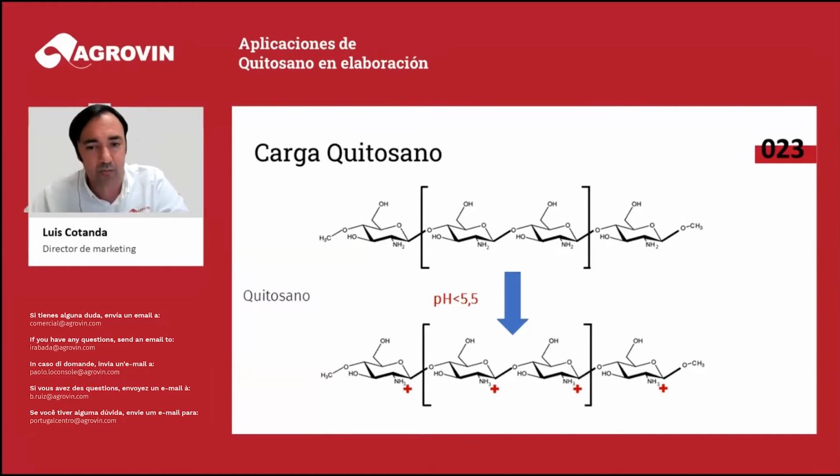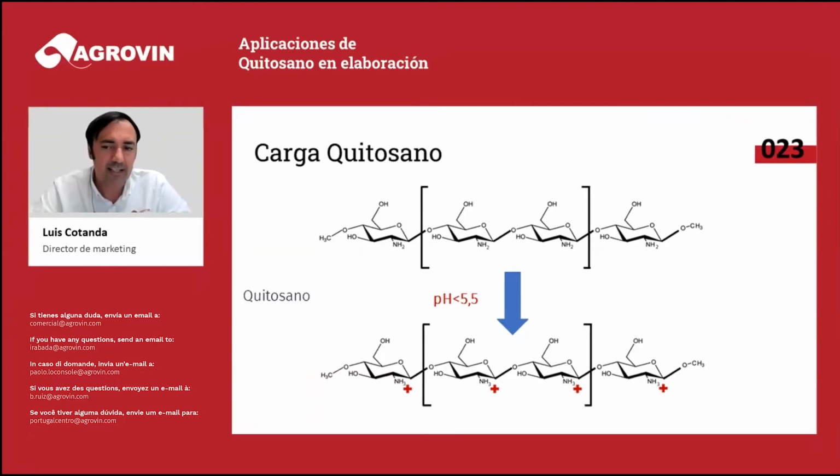And this positive charge is going to allow it to join other molecules, which is the antimicrobial effect, and this is why chitosan is so effective.